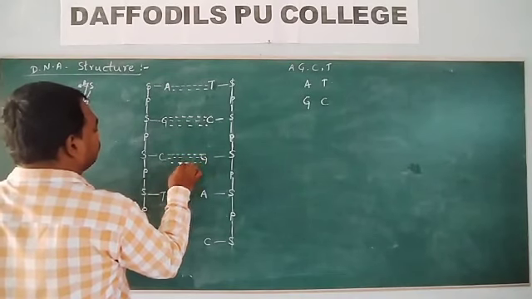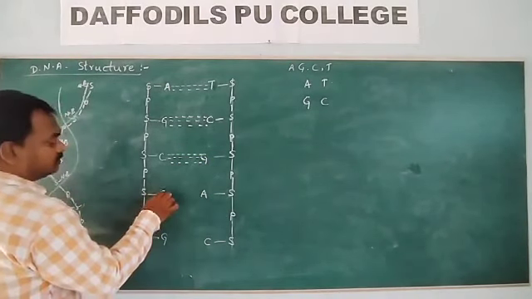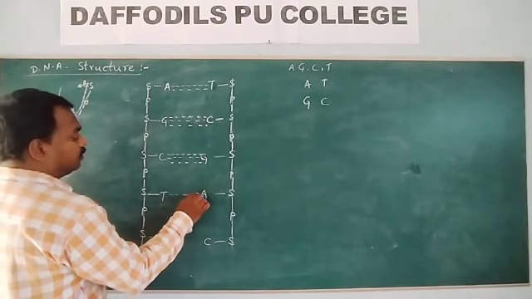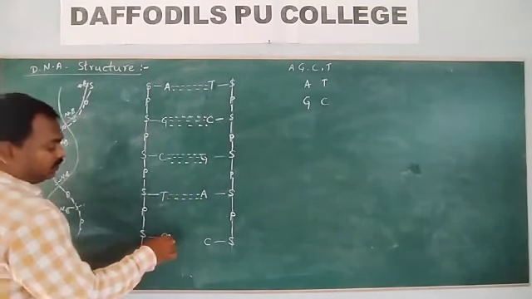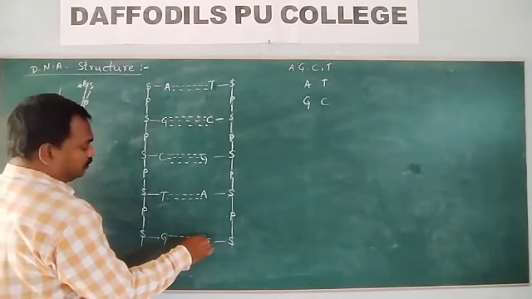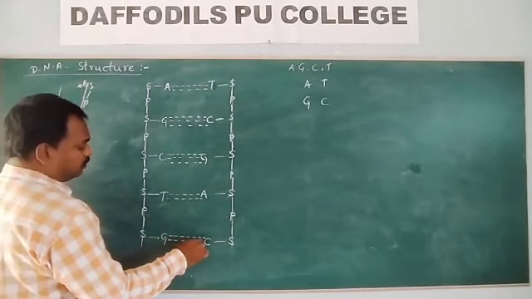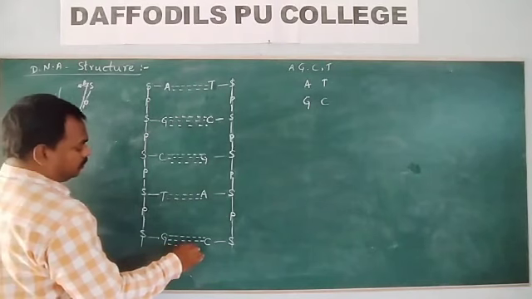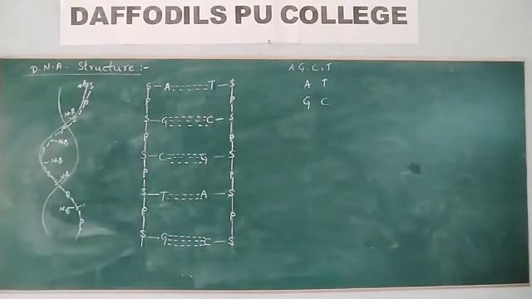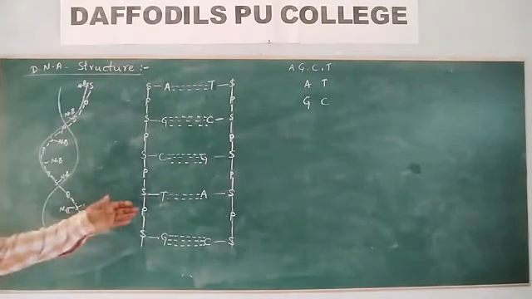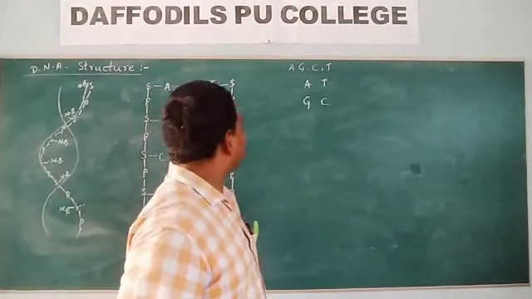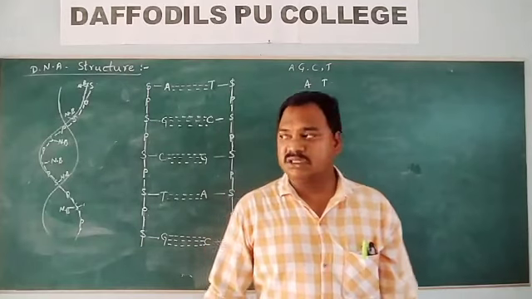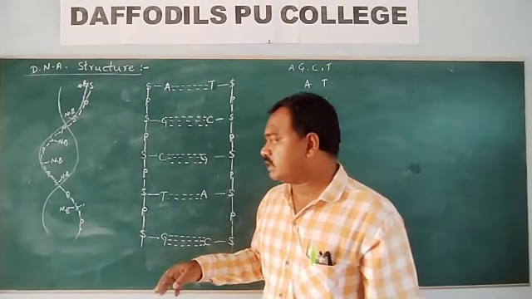Here also we can see three hydrogen bondings. Look at here, two hydrogen bondings. Like this, hydrogen bonds are present. Between adenine and thymine, two hydrogen bonds are present. Between guanine and cytosine, three hydrogen bonds are present.